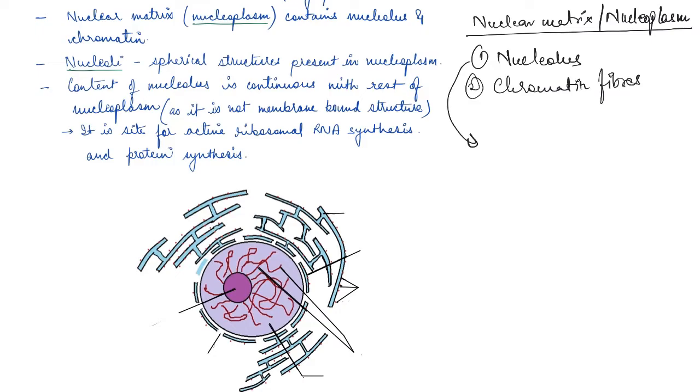Now, nucleoli are nothing but spherical structures which are present in the nucleoplasm. If we talk about the content of the nucleolus, it is continuous with the rest of the nucleoplasm. It is just that it is not a membrane bound structure. So it has the same content as nucleoplasm has. It is the site for active ribosomal RNA, rRNA synthesis.